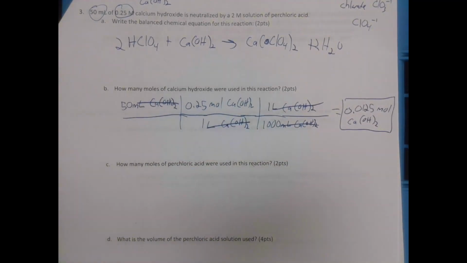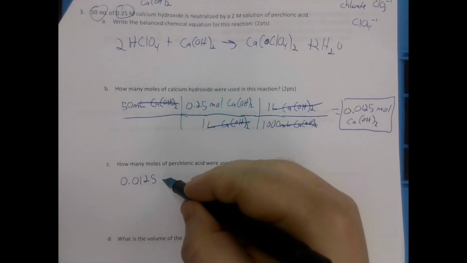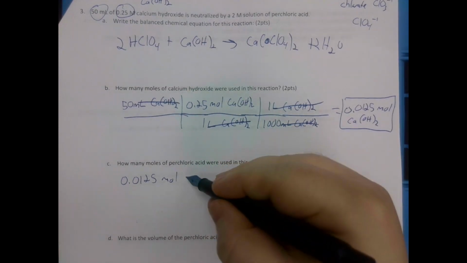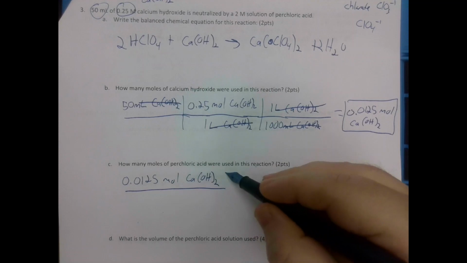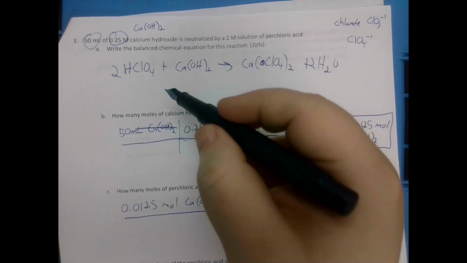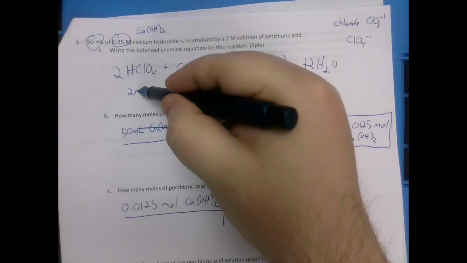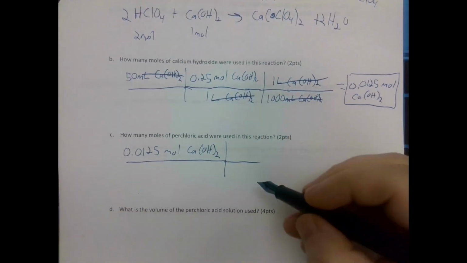How many moles of perchloric acid do we have? We'll start with what we know. We know how many moles of calcium hydroxide we have, and we're going to use a conversion factor to go from moles of this to moles of that. And here's our conversion factor. For every 2 moles of this, we have 1 mole of this.